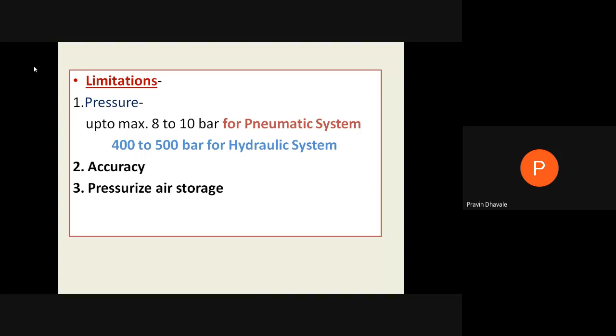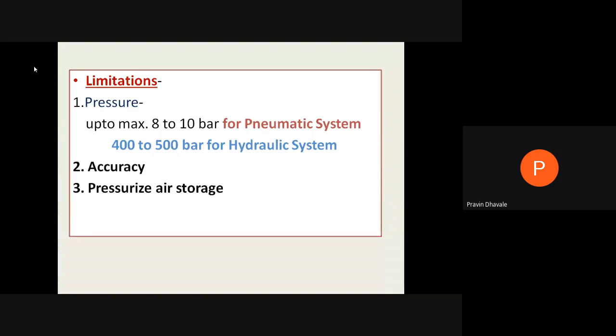Pneumatic system can be used, but beyond the 10 bar operating pressure range, we cannot use the pneumatic system. Second one, that is related with the accuracy, as air is compressible in nature. Air ही compress होते, त्याच्यामुळे accuracy ऑपरेशन मधली हायड्रॉलिक एवढी मिळत नाही याच्यामध्ये.